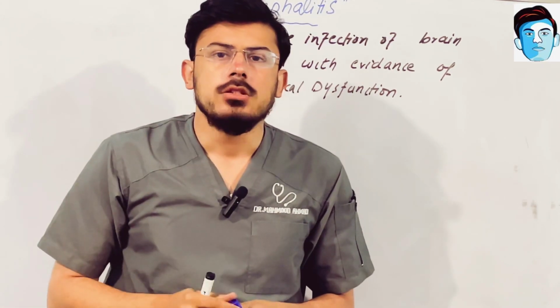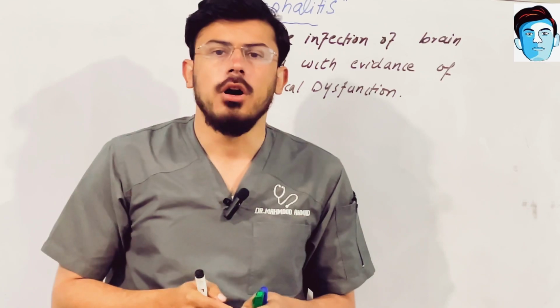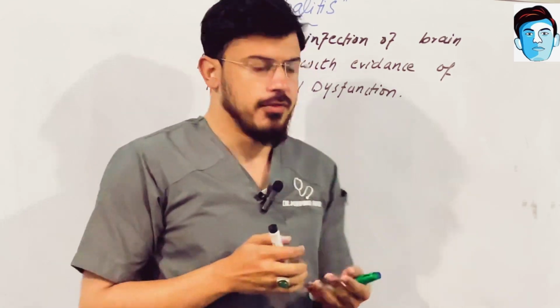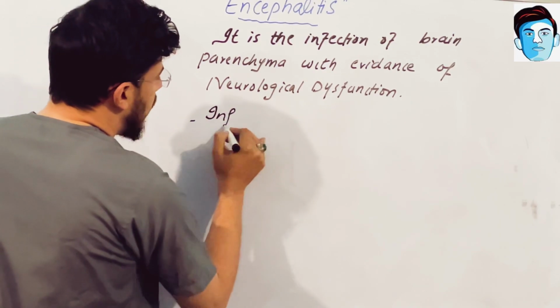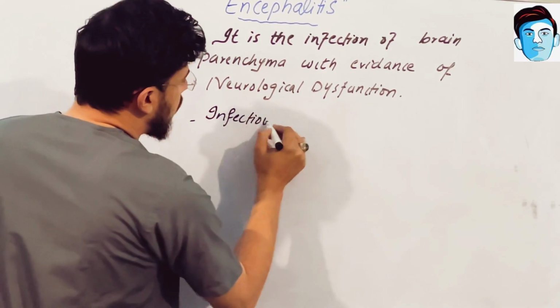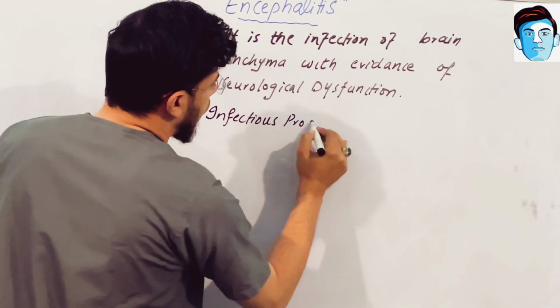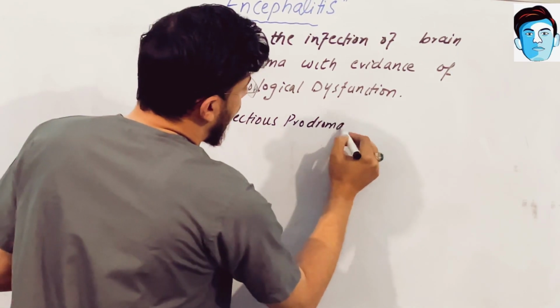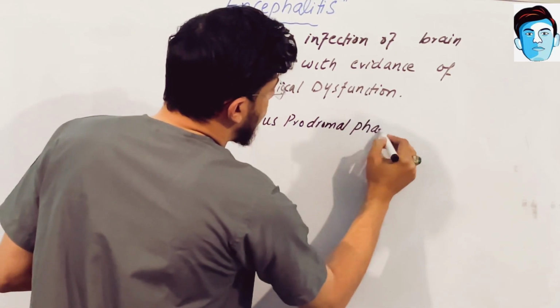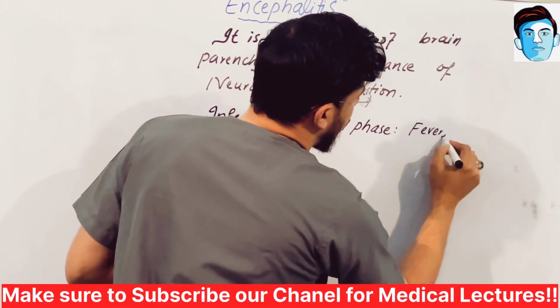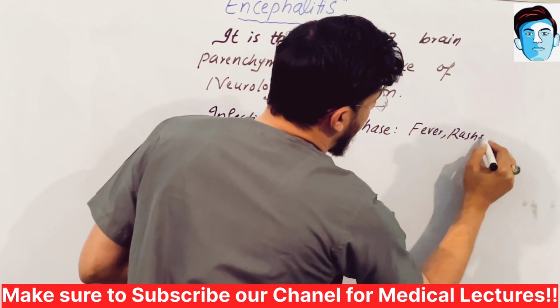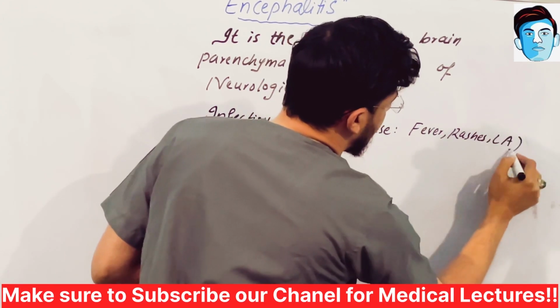Patients with encephalitis usually present with a history of an infectious prodromal phase. In the infectious prodromal phase, there is fever, rashes, and lymphadenopathy, right?